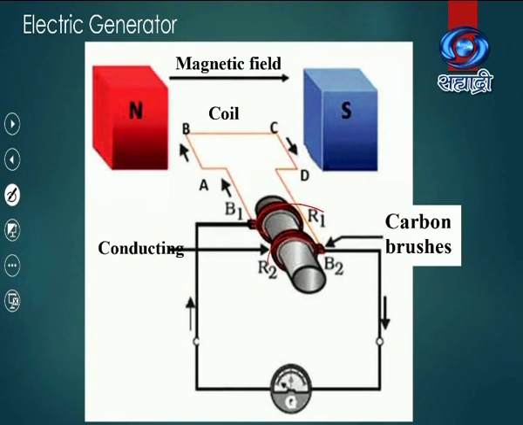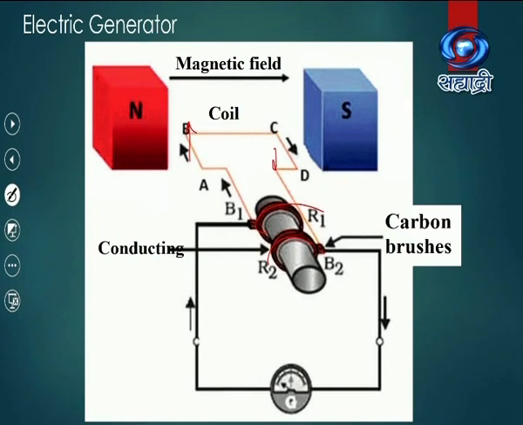Now, if coil ABCD rotates in the clockwise direction, branch AB will go up and branch CD will go down. By using Fleming's right hand rule here, the direction of induced current is ABCD. The induced current is proportional to the number of turns of copper wire in the coil.